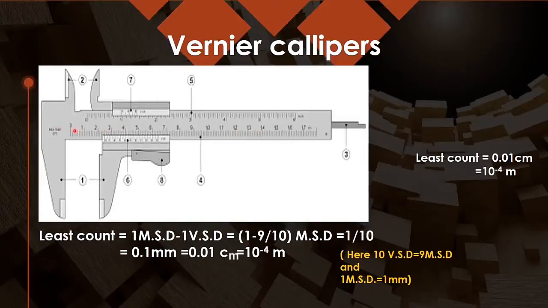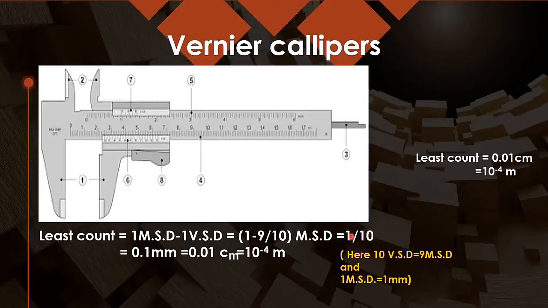And in the lab, when we do the experiment on this vernier scale, there are 10 divisions, and it is made in such a way that these 10 divisions are equal to 9 main scale divisions. So one vernier scale division is equal to 9 by 10 main scale division. You can find the least count of this device, which is given by 1 MSD minus 1 VSD, which comes out to be 1 by 10 millimeter.